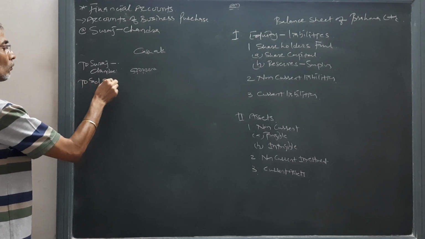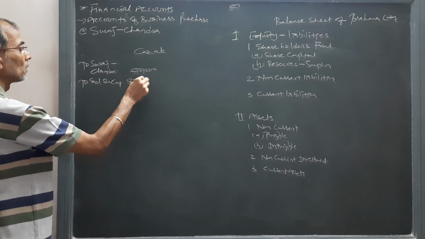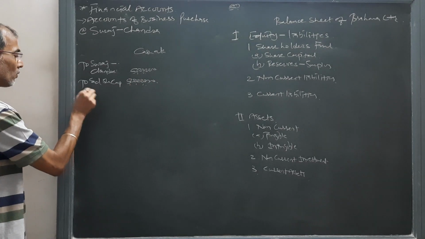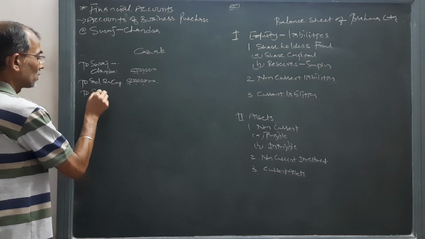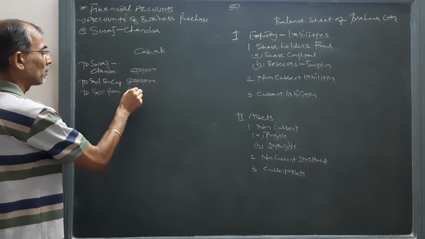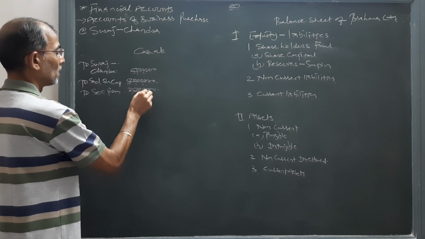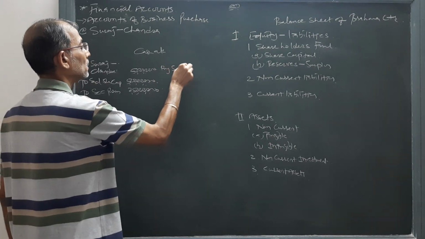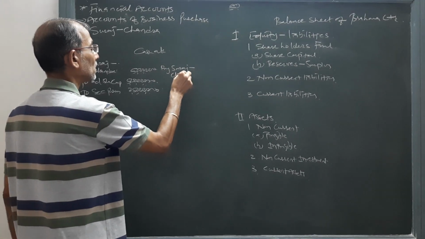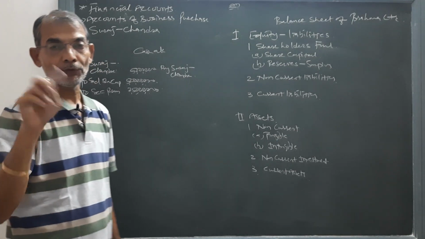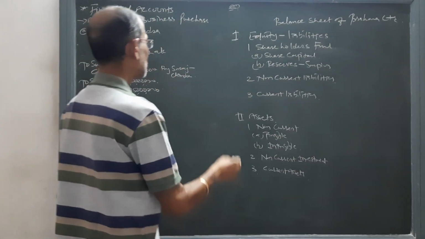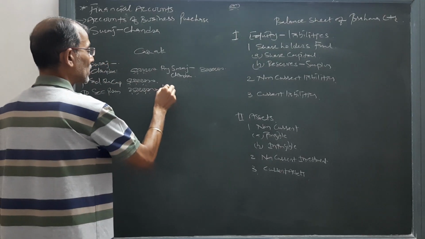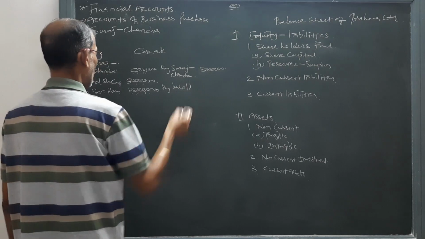To equity share capital, that was 5 crore which were issued to public. Security premium 2 crore 50 lakh by Suraj Chandra. Cash which was paid as purchase consideration, that was 80 lakh, and balance will be by balance CD.